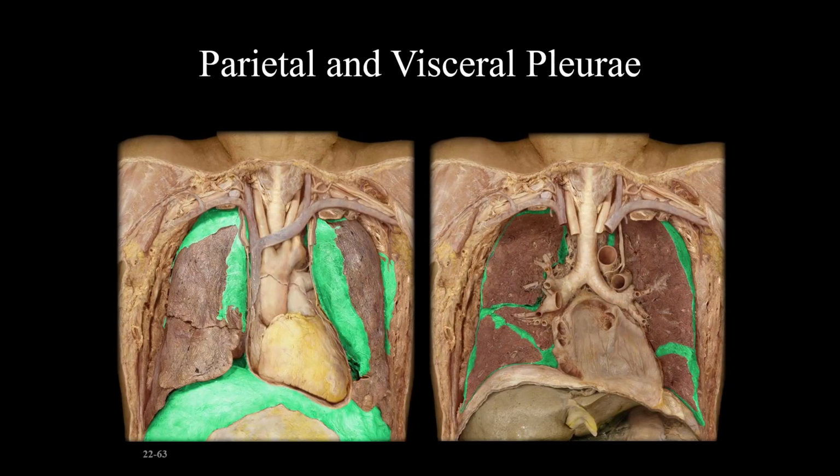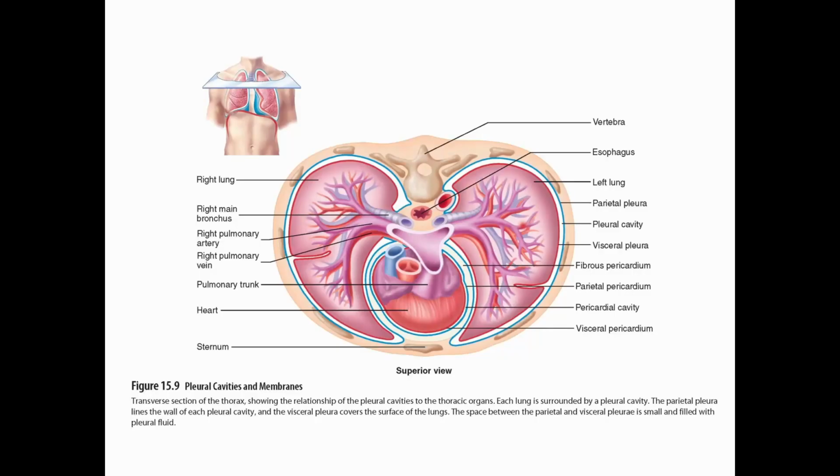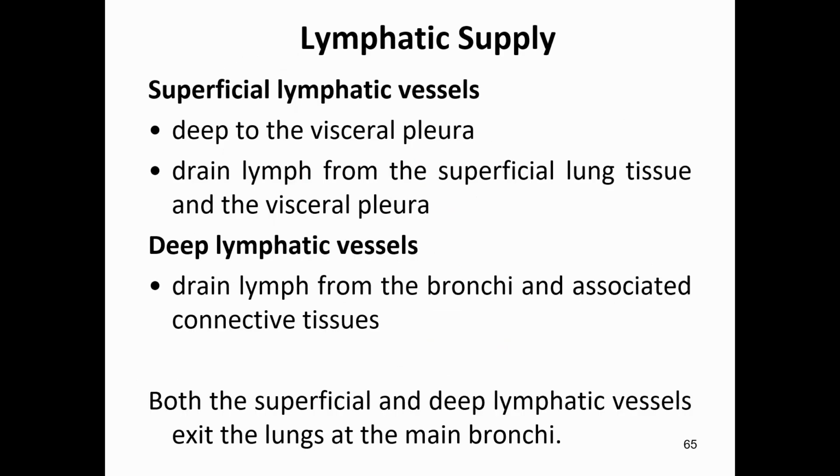Okay, so this is the parietal and visceral pleurae in our cadaver. And this is a cross-section of a superior view of the lungs. So our lungs also have a lymphatic supply in which there are superficial lymphatic vessels that are deep to the visceral pleura.